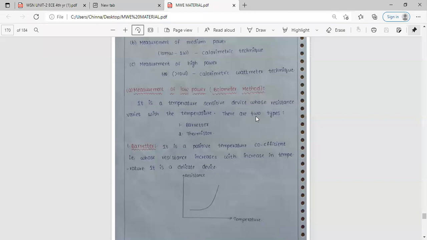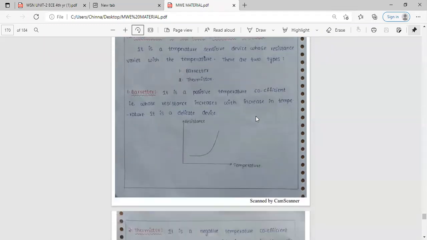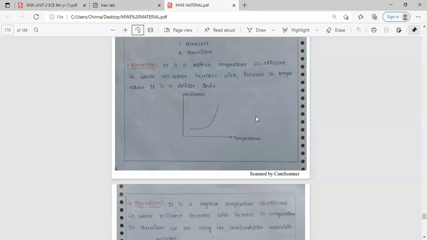So the barretter is one type of device, and the thermistor is the other type of device. The barretter has a positive temperature coefficient, that is, its resistance increases with increase in temperature. It is a delicate device.